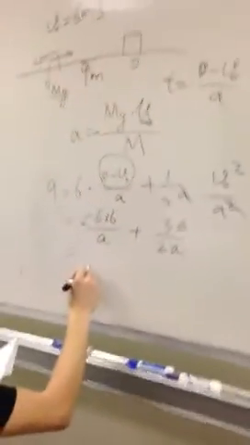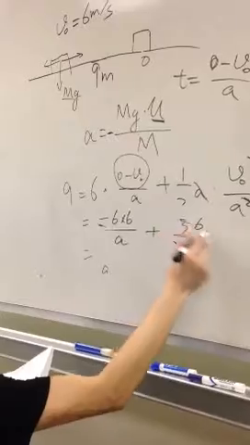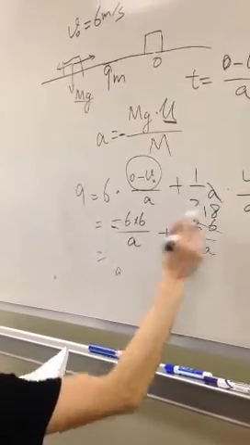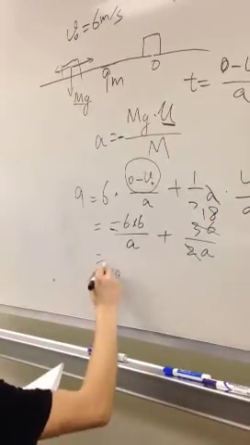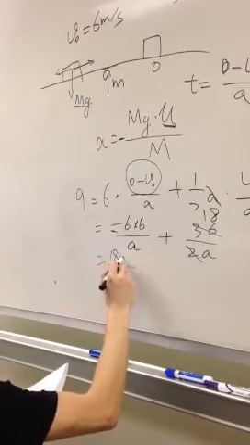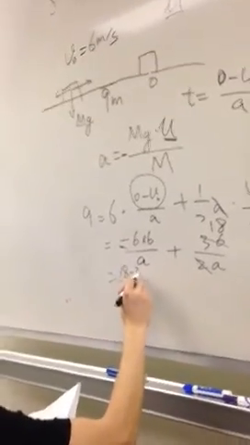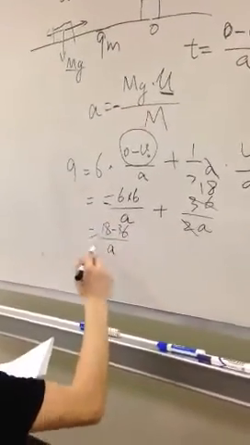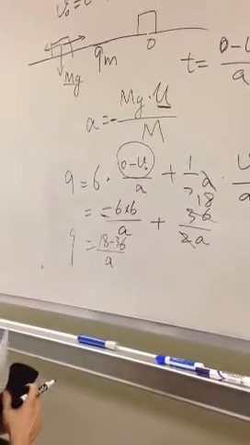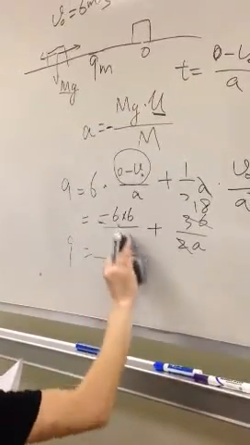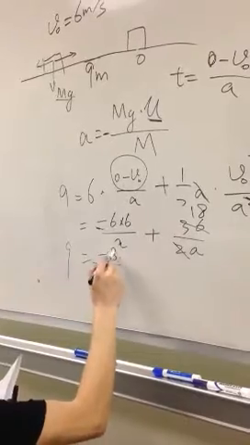And here is actually that's 18. So 18, 36, 9. And it will be negative 18.